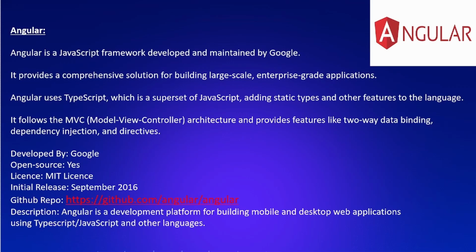Next is Angular, guys. Angular is an MVC framework, and it is built in TypeScript, a superset of JavaScript adding static types and other language features. It has two-way binding, dependency injection, and directives, whereas React has one-way binding and no model view controller.